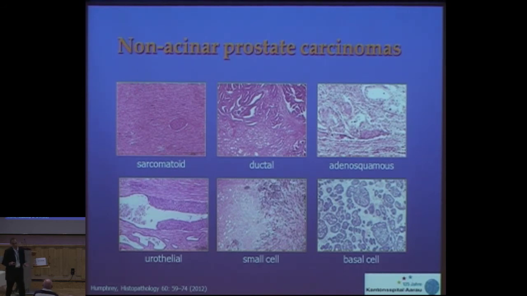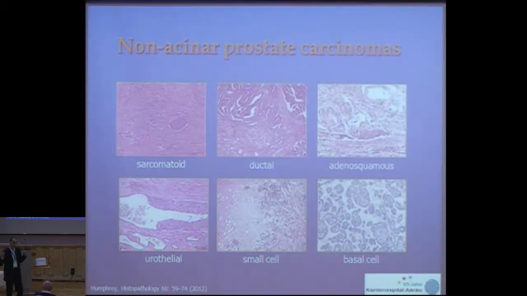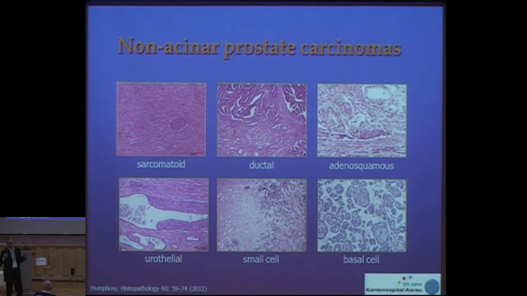So once we have a case of a sarcomatoid carcinoma in the prostate, and the patient shows up with metastasis, one might argue, of course, this is a metastasis from this prostate cancer, but how do you know what part has metastasized? Is that the epithelial part, or is that the sarcomatous part?